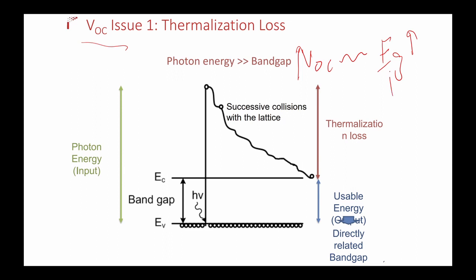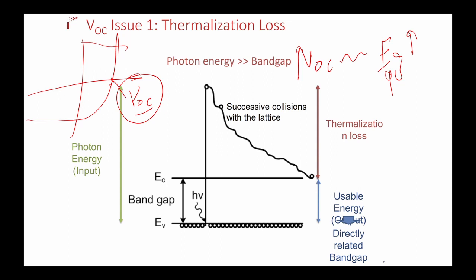If we increase the band gap, this VOC that we were getting in this graph, this is the VOC, the open circuit voltage, depends on the band gap of the semiconductor that we are using.